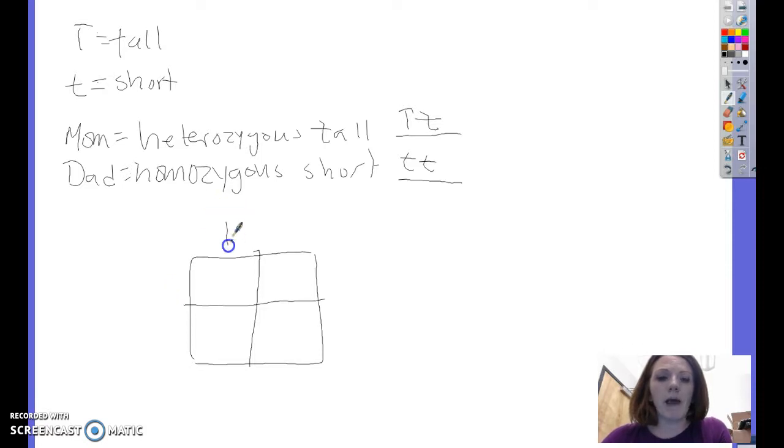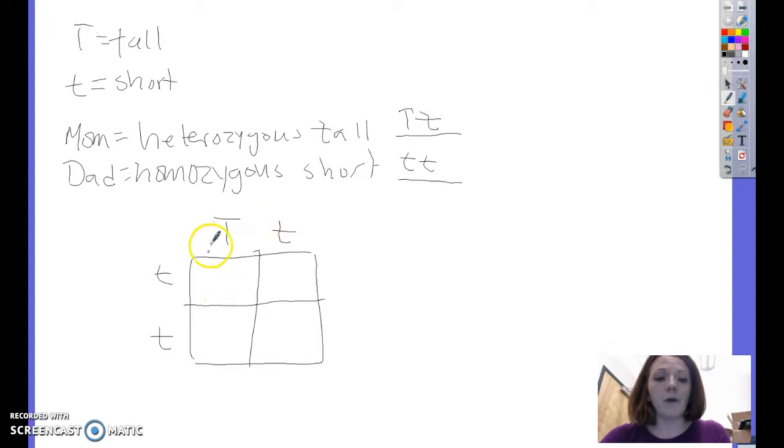It doesn't matter where you put mom's alleles or dad's alleles, so long as you keep them together. Mom should always go in one spot, dad in another. You shouldn't mix match and crisscross them. You could have put mom's over on this side and dad's up top. It's not going to change your outcome or your results.